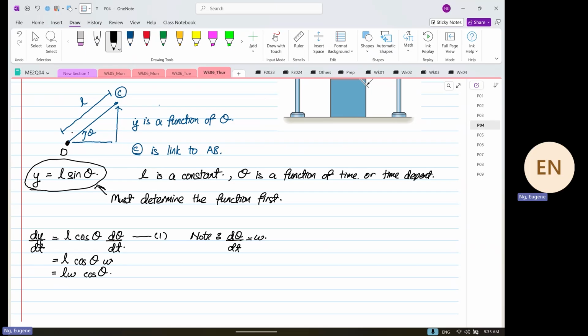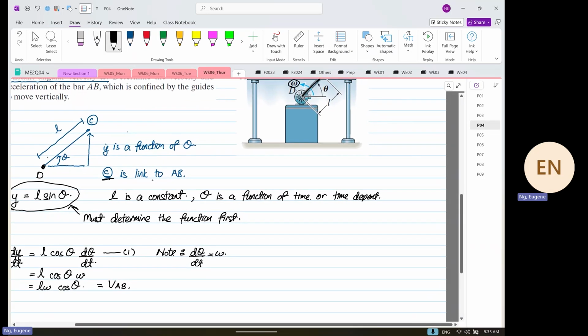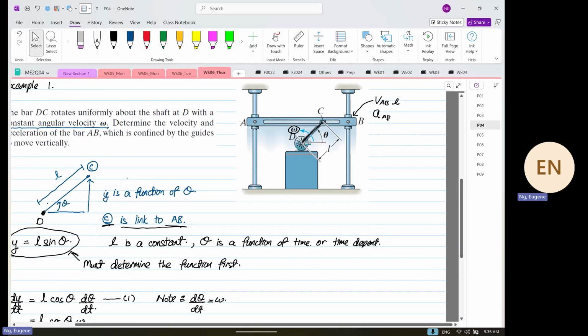Okay. So this corresponds to our what? Our VAB. Okay. Right? Because what did I mention to you? So point C is linked to AB. So what we realized is this, okay?